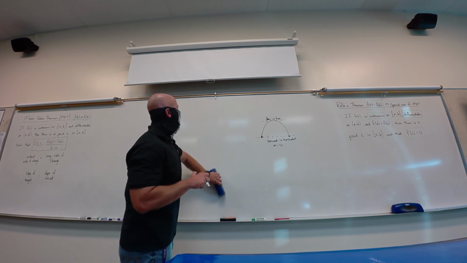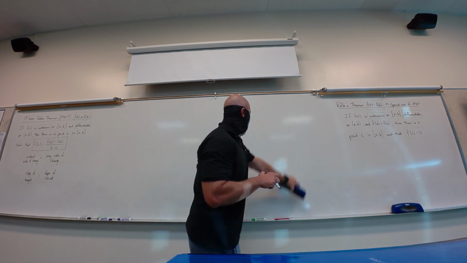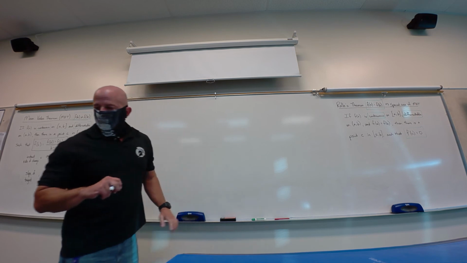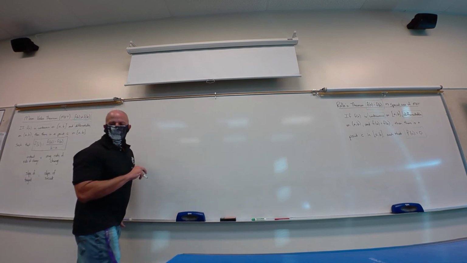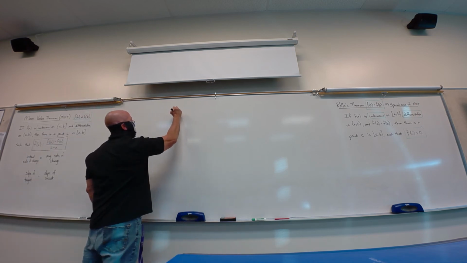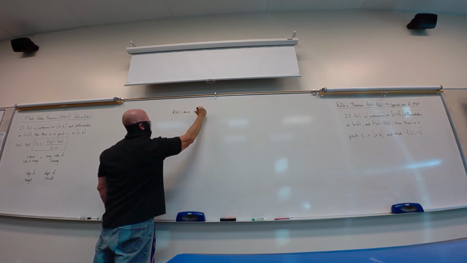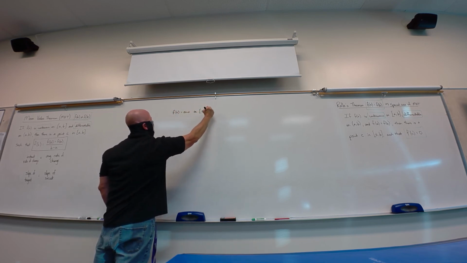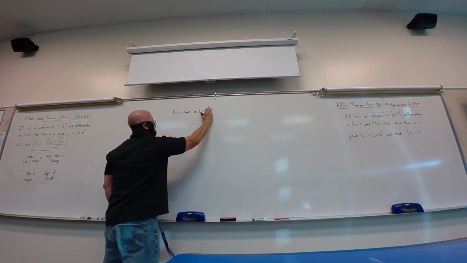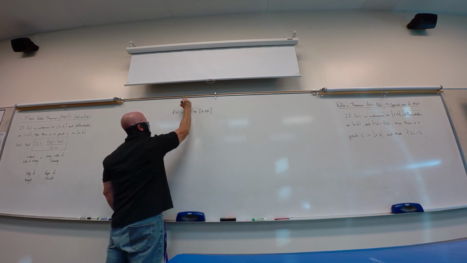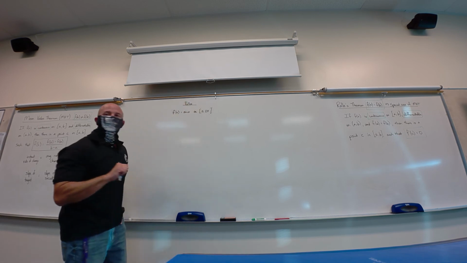So if I looked at Rolle's theorem, let's get one up here for Rolle's. Let's go f of x equals sine x on 0 to 2 pi. So what we're going to do this time is Rolle's. So that means I'm still checking the endpoints.